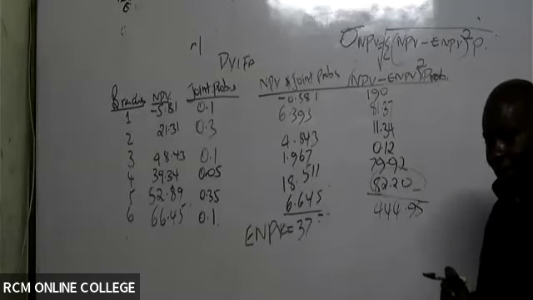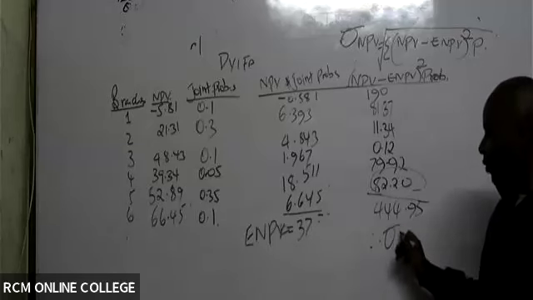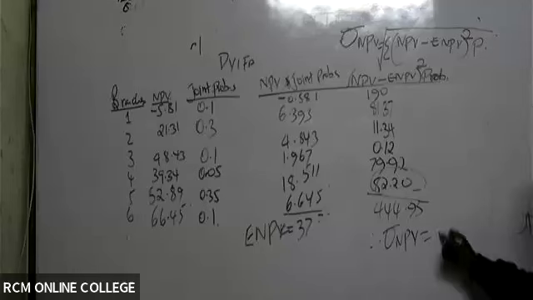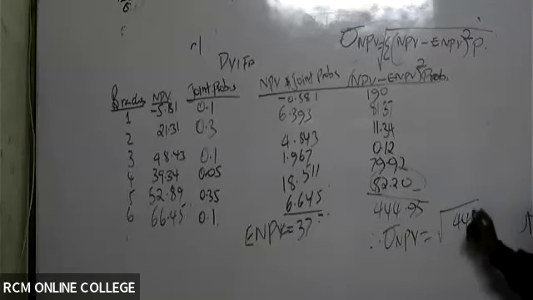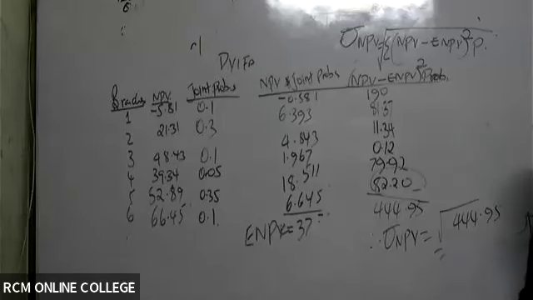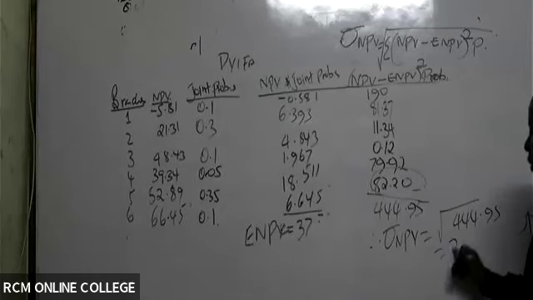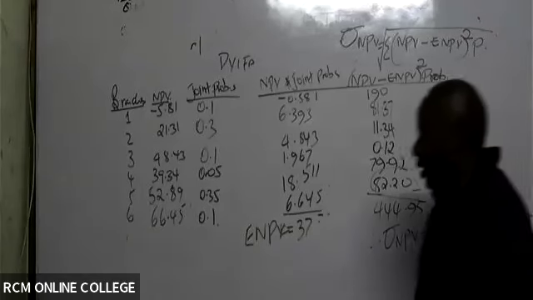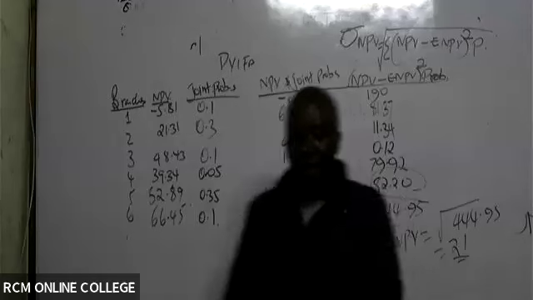Therefore, the standard deviation of the NPV will be equal to the square root of the variance, which will be 21 point something. Thank you so much.